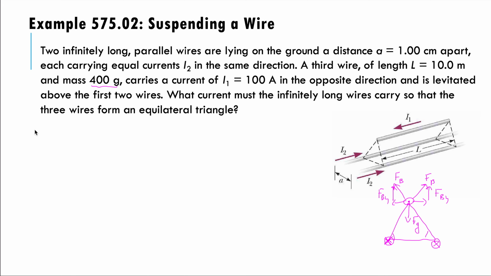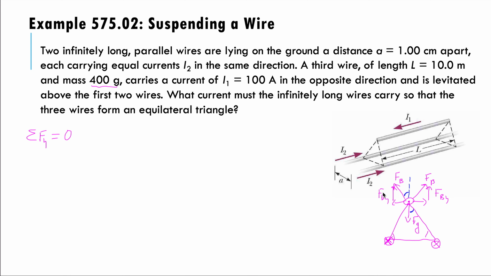In the y direction, we're going to say the sum of the forces, and we're just looking at the magnitudes here. The sum of the forces in the y is equal to 0, and we're going to have the y component, and we need to define an angle. Let's define the angle theta with respect to the vertical, the same as this angle theta here.